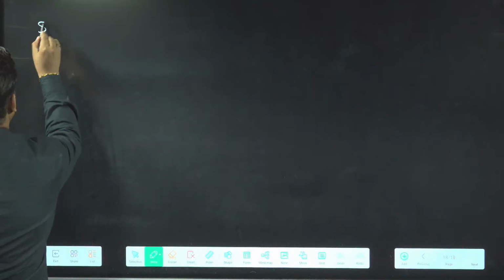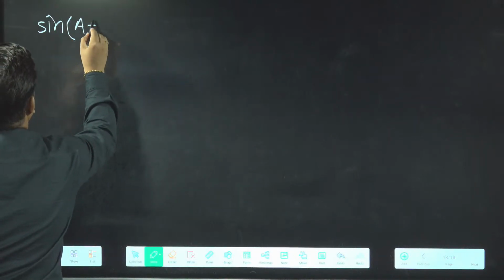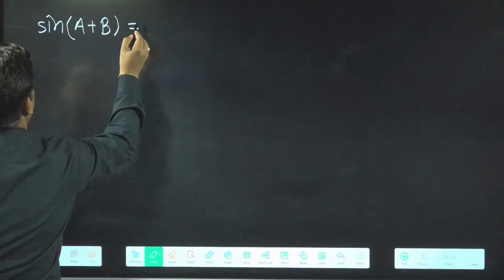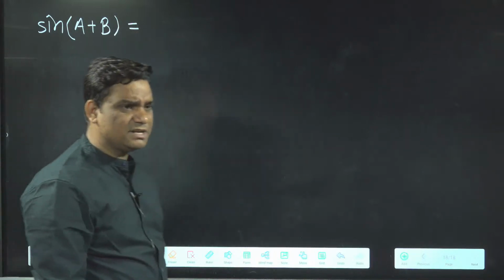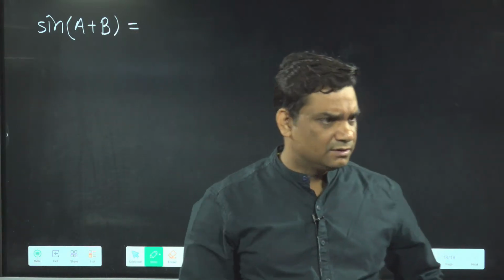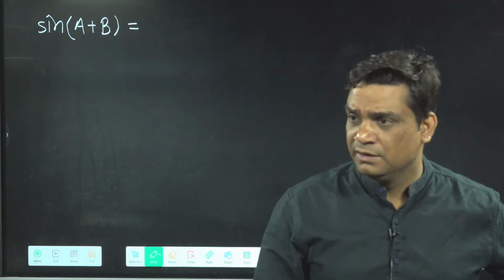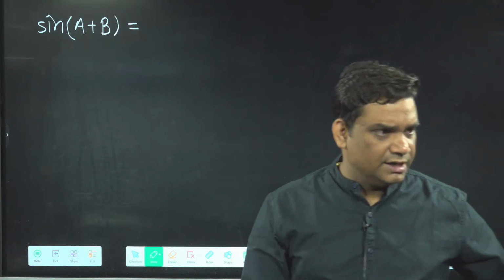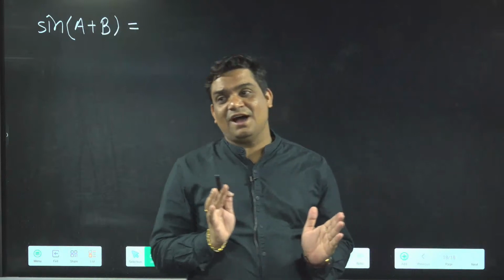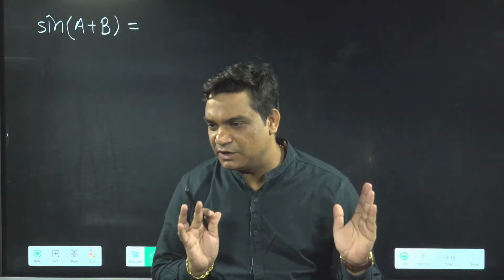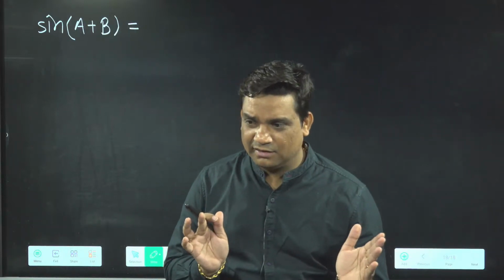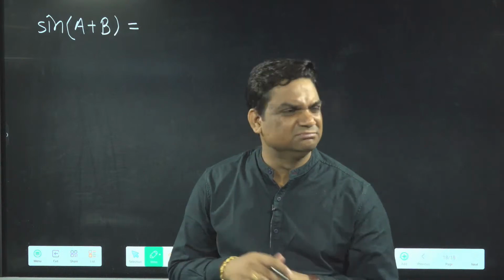The formula is sin A plus B. Listen, how to remember this formula? Basically, sin and cos together.